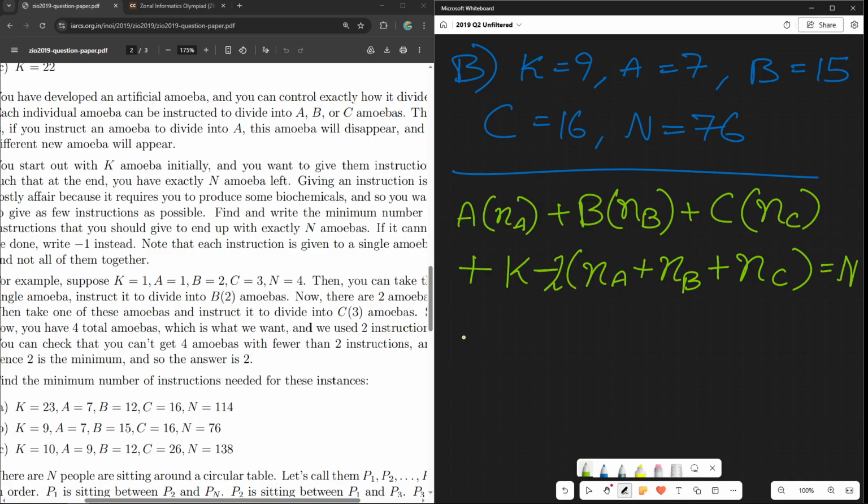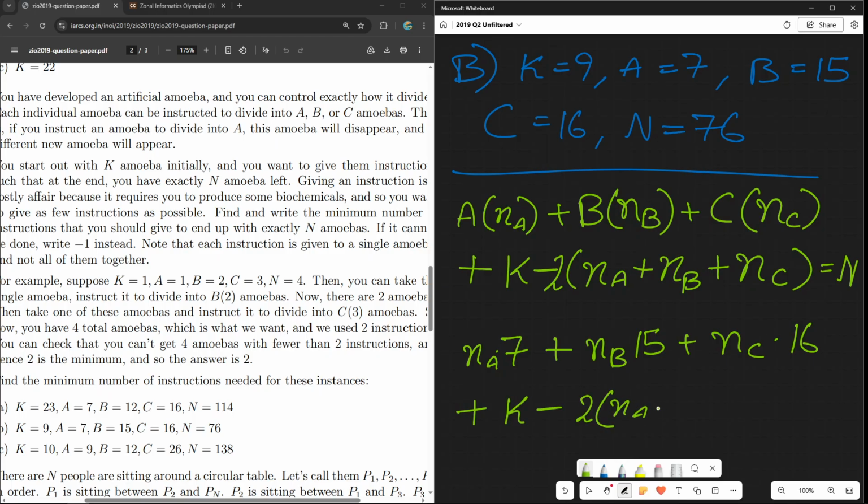So let's see. N of A times 7 plus n of B times 15 plus n of C times 16 plus K minus 2 times n of A plus n of B plus n of C equals 76.